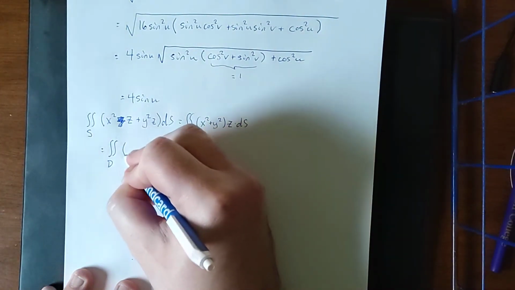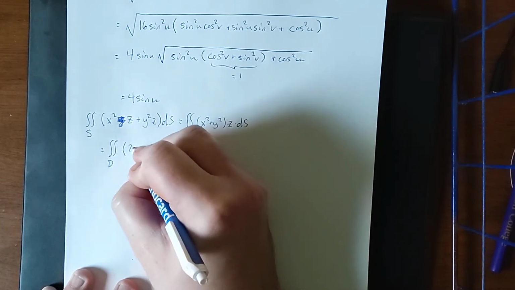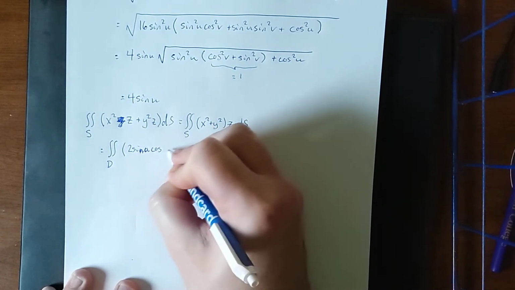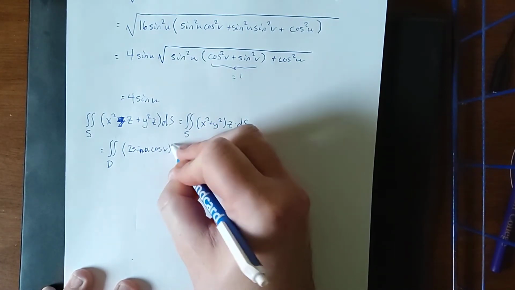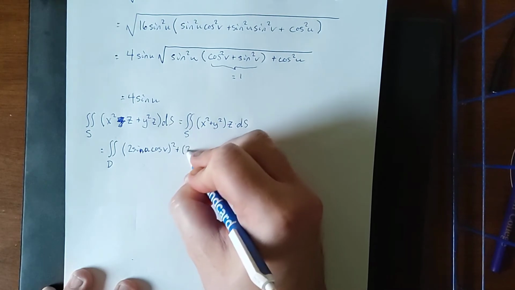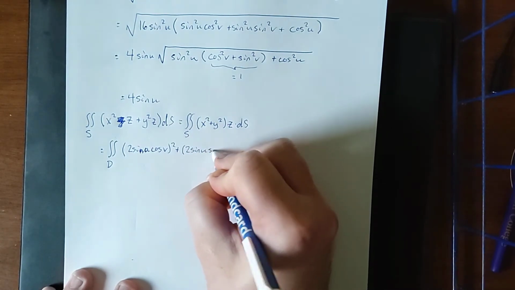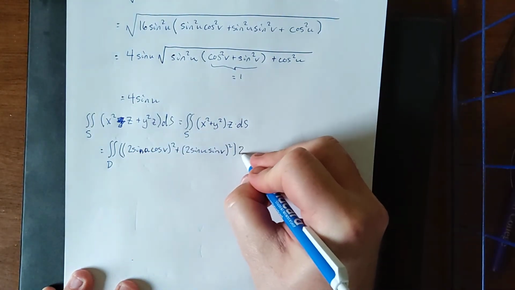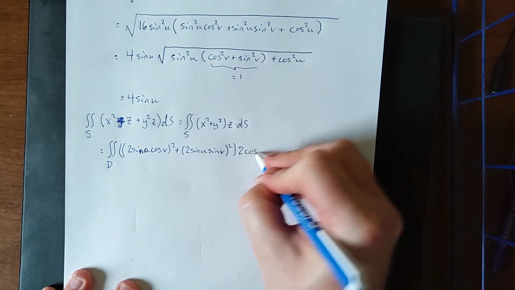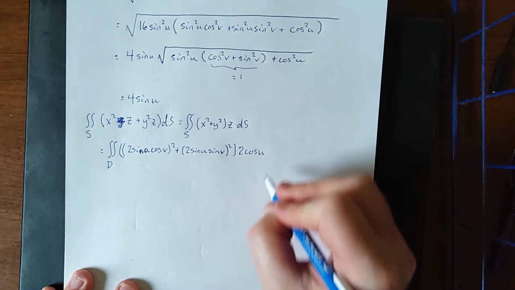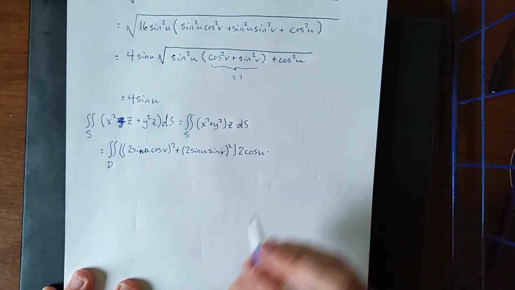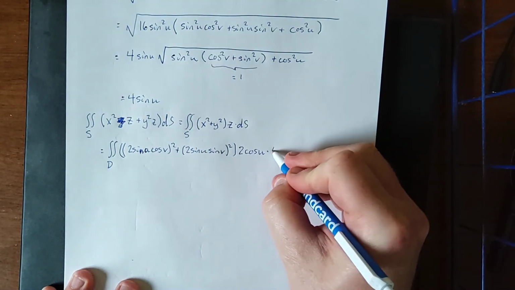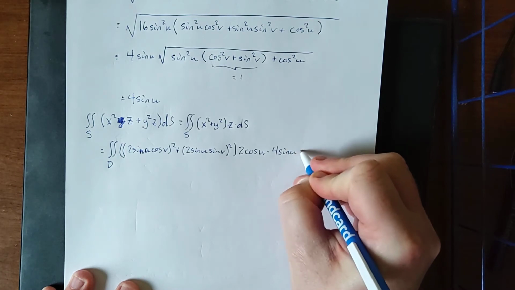x squared plus y squared is going to become 2 times the sine of u times the cosine of v, squared, plus 2 times the sine of u times the sine of v, squared. All of that is going to be multiplied by 2 times the cosine of u, that's our parameterization for z, times dS, which is now going to be equal to 4 times the sine of u dA.